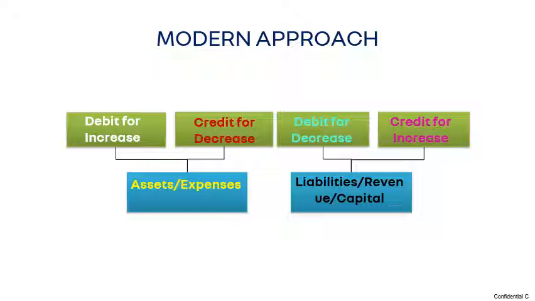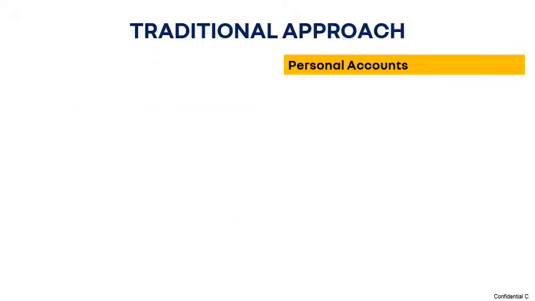So the modern approach clearly talks about asset and liabilities: when an asset increases, the liability will adjust accordingly. That is what we are talking about. Now the traditional approach, which is very important. We were using this approach in our accounting system.